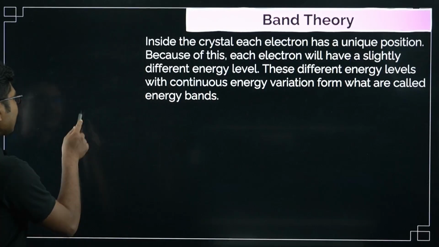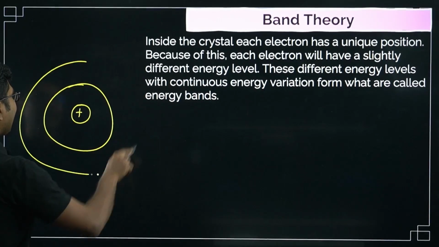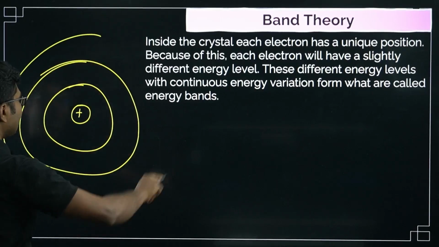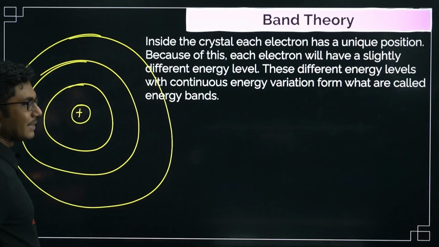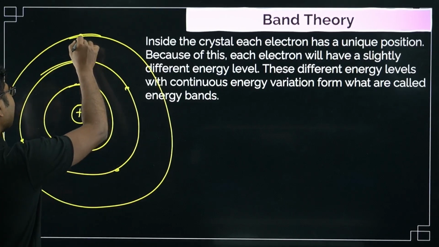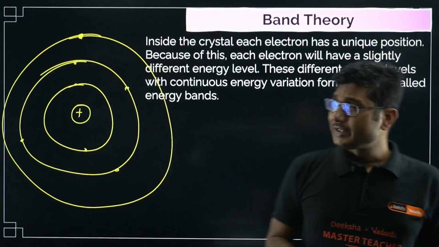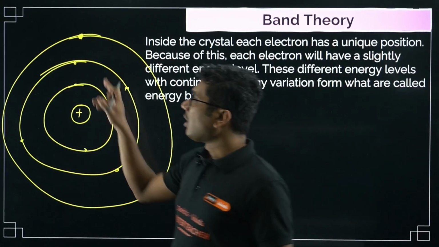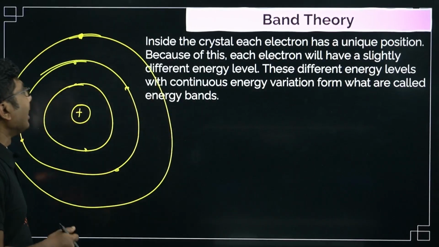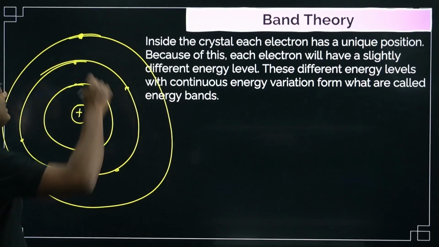For example, we know that there is a nucleus, and we have K, L, M shells like that. Suppose this is a basic electronic configuration, and suppose this electron is a valence electron, just take it. Now what will happen to this electron? For a given atom, energy is fixed, right?